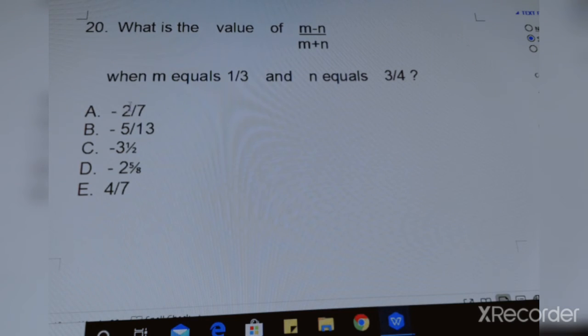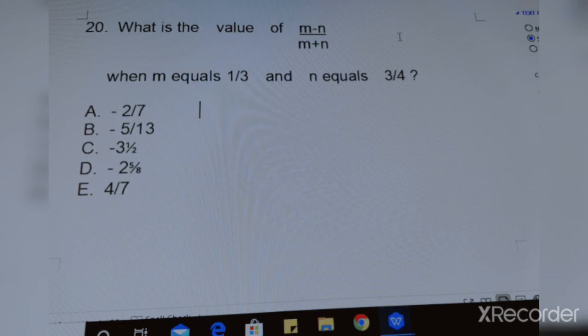Now for number 20, what is the value of m minus n over m plus n when m equals 1/3 and n equals 3/4? Okay, our values for m and n are given, so substitute these values into this expression.